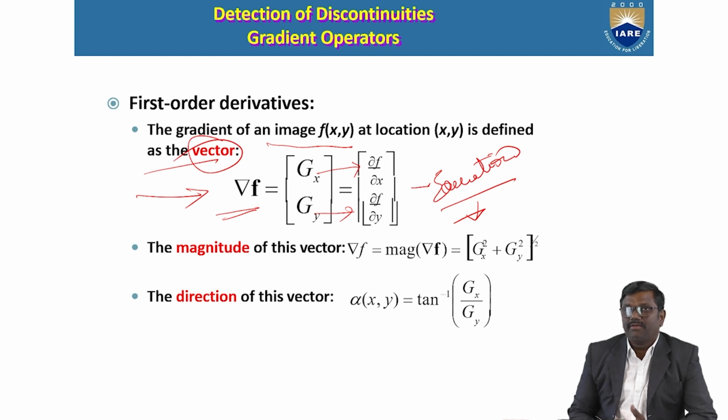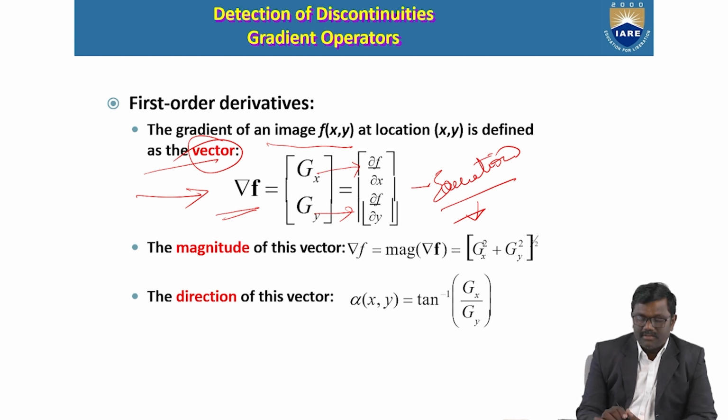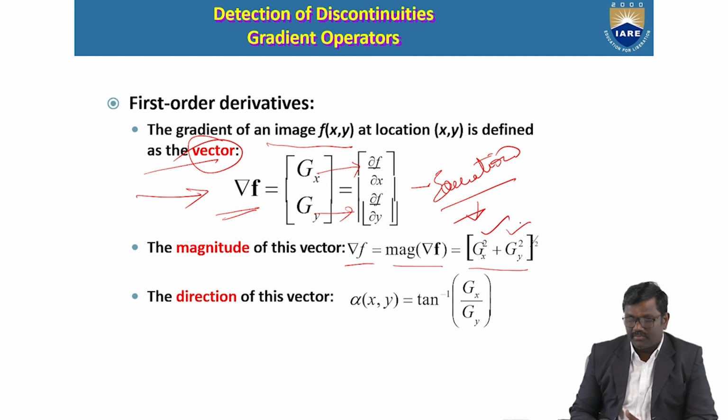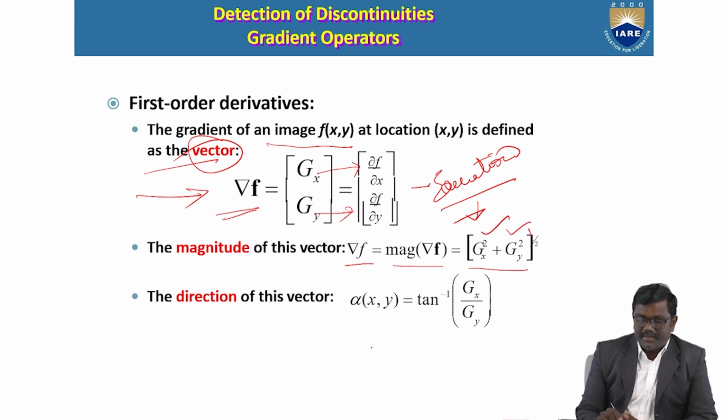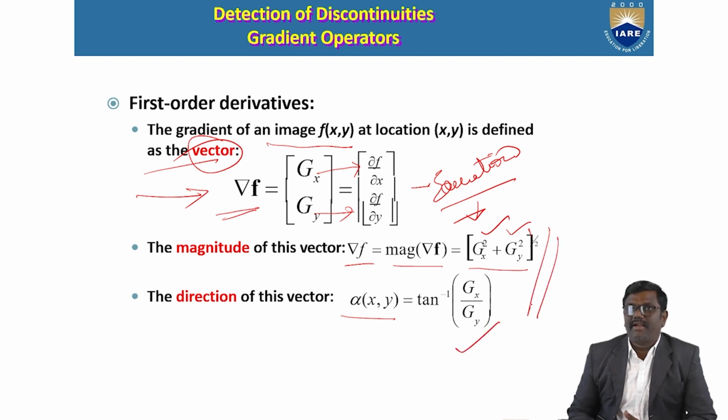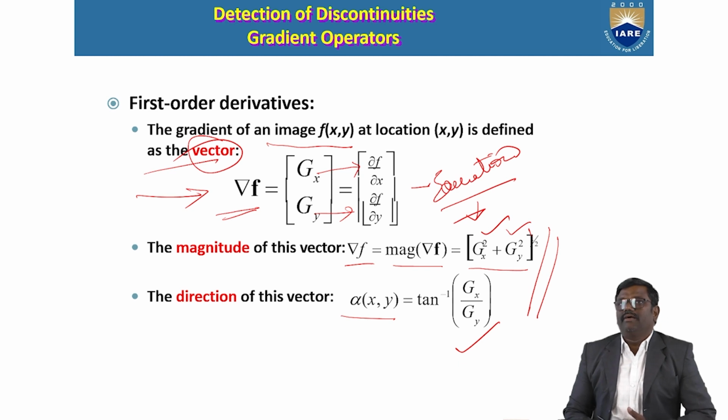The magnitude of the vector ∇f is (gx² + gy²)^(1/2), and the direction of the vector is α(x,y) = tan⁻¹(gy/gx). These are the two standard formulas for gradient operations.